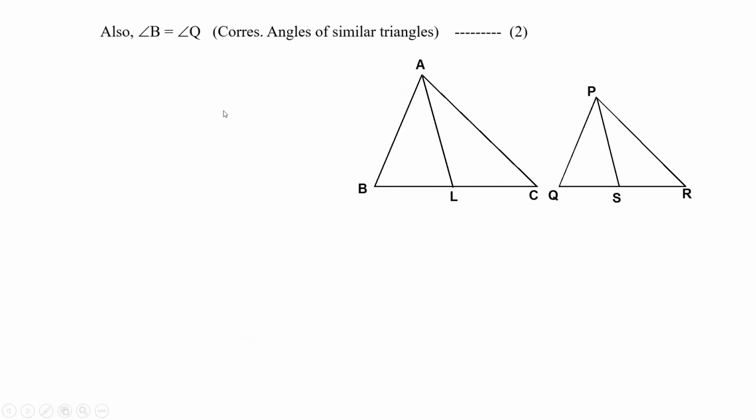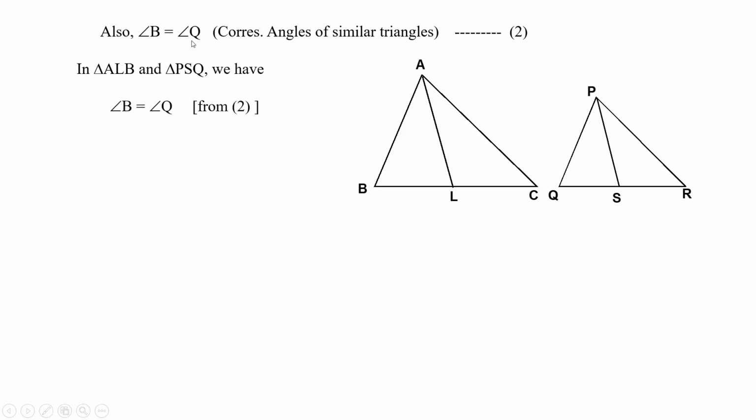Also angle B is equal to angle Q, corresponding angles of similar triangles. अब हम लोग को ये दोनों ट्रायंगल्स को सिमिलर प्रूफ करना है. हाउ वी हैव टू शो, सी in triangle ALB and PSQ.